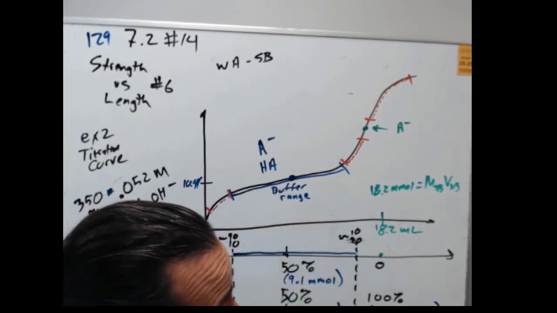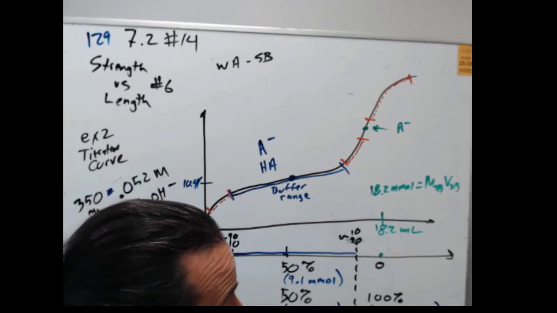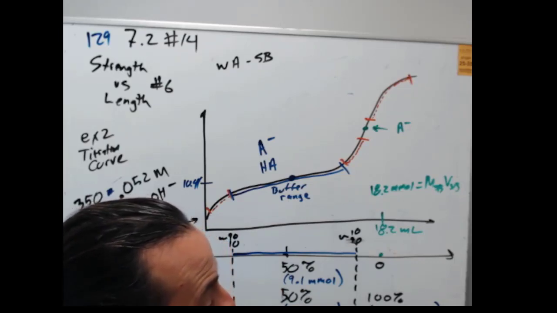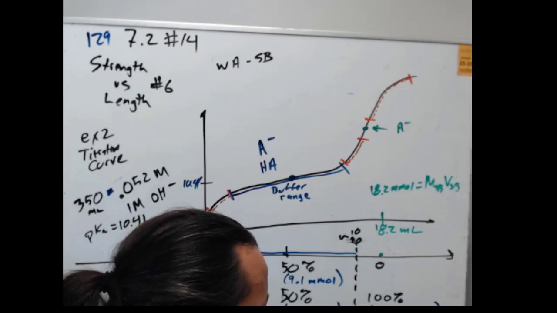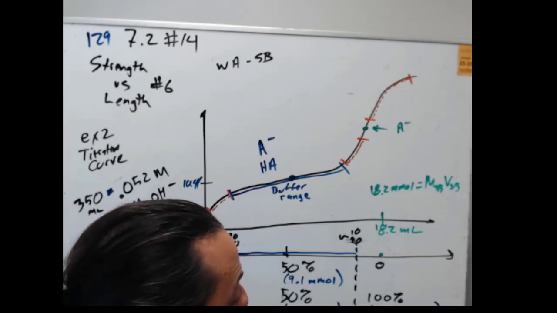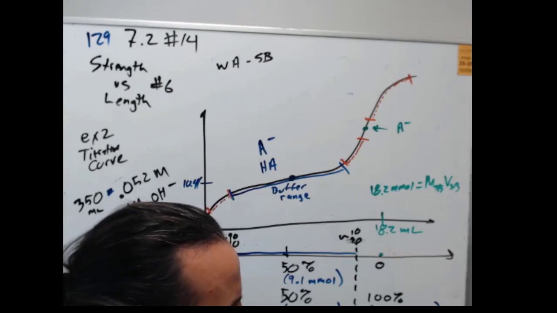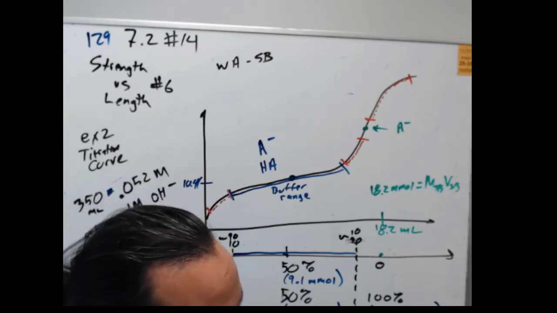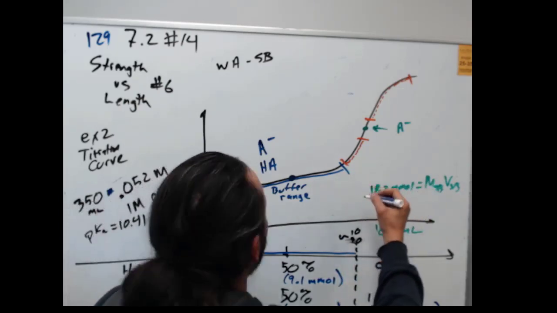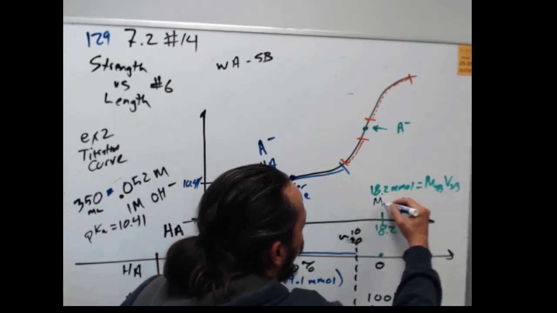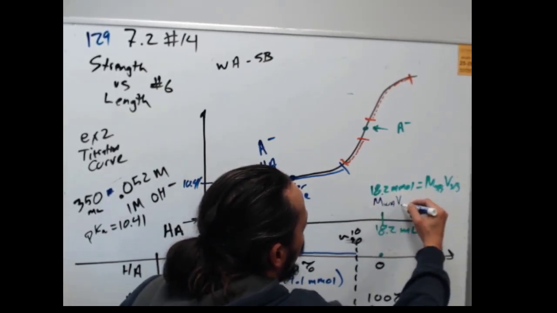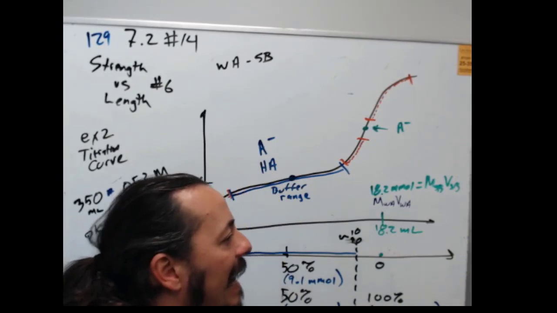The way I like to say it is molarity of weak acid times volume of weak acid equals molarity of strong base times volume of strong base, at the equivalence point only, because that's the definition of the equivalence point. Don't use the dilution equation. I'm looking at my 124 students. This is my molarity of weak acid times my volume of weak acid, which is where I got that 18.2.